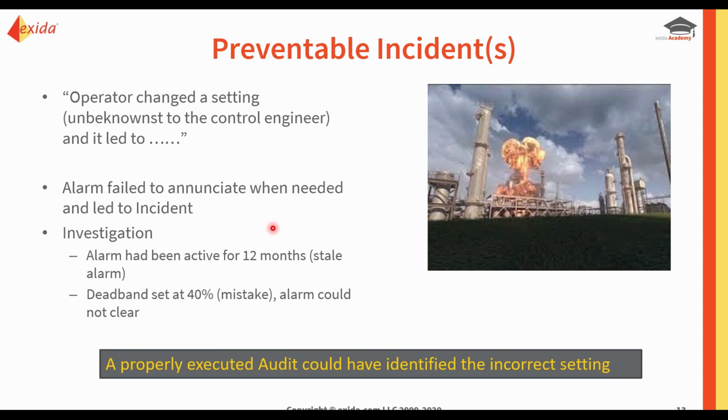And as part of the resolution, one would look and say, oh, whoa, we set the deadband to 40%. That's definitely incorrect or a problem. Let's change it to 4% where it's supposed to be. So if that had been able to be performed, it could have prevented this particular incident.